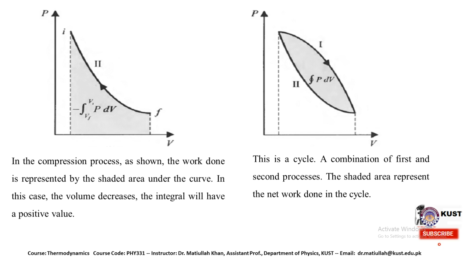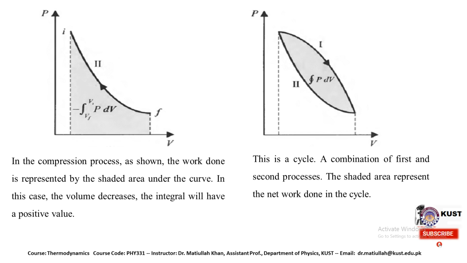This is the combination of the first and second processes. So the shaded area represents the net work done by the system. This is the PV diagram for a particular hydrostatic system, and we can calculate the work done. The work done may be positive or negative in that particular case.